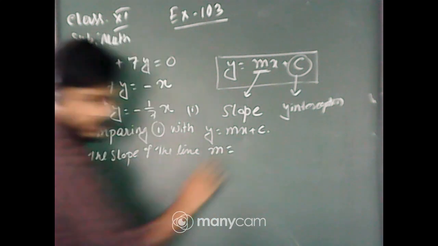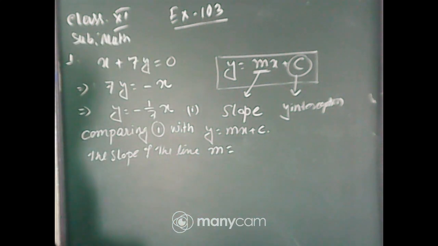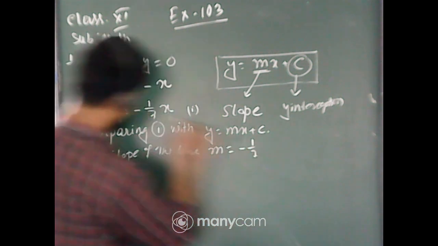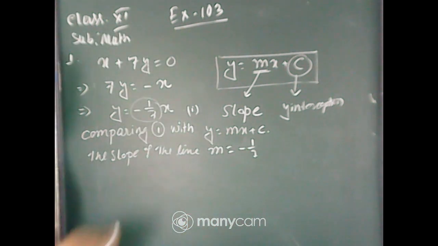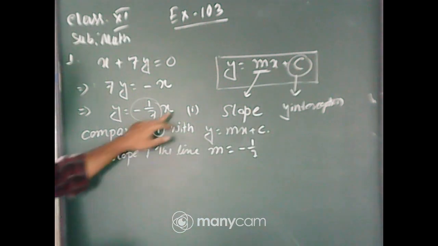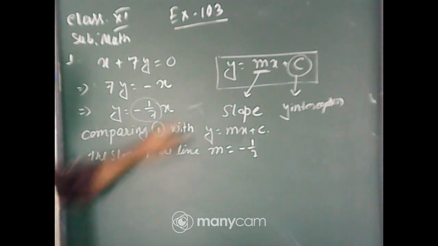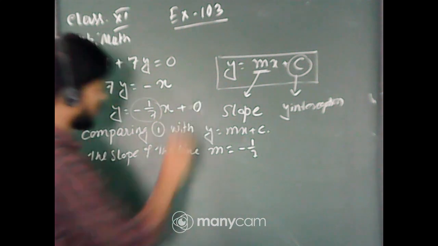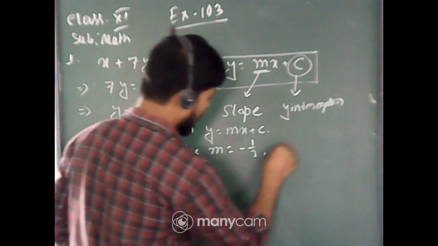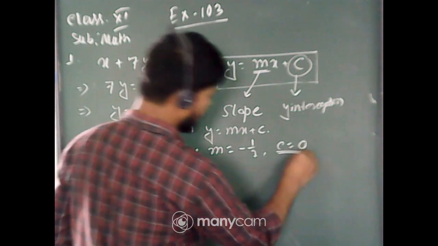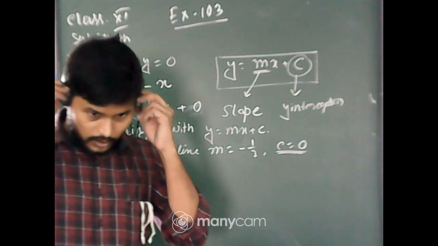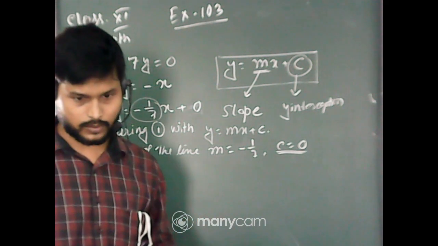Minus 1 by 7. Very good, this is the slope of the line. And what is the y intercept? The y intercept means c. There is no term like c, so we can take minus 1 by 7x plus 0, and c equal to 0 means the y intercept is equal to 0. Got it? Yes, very good.